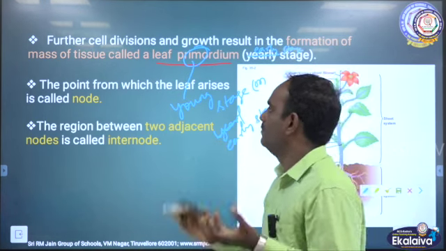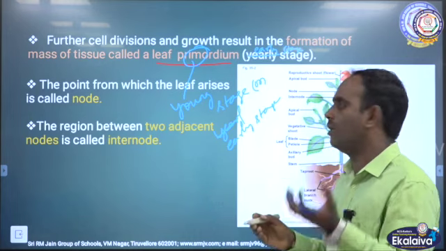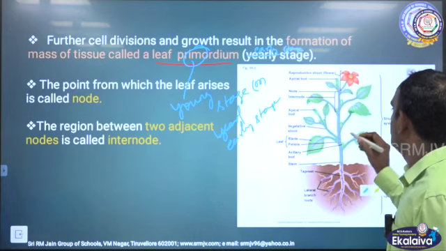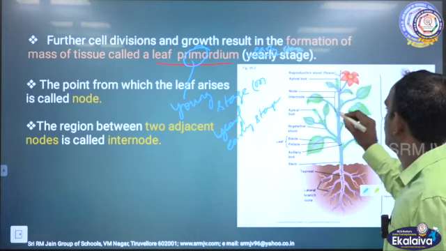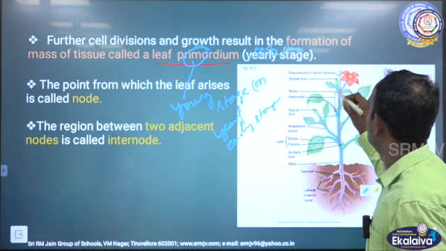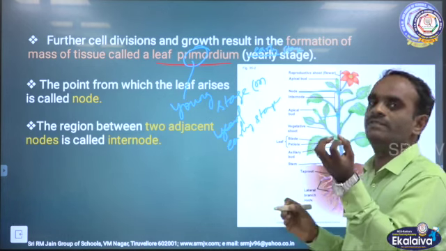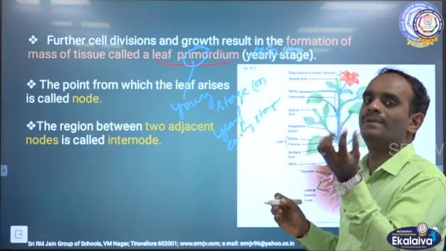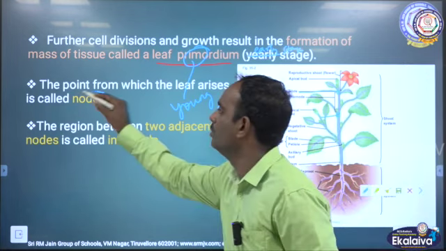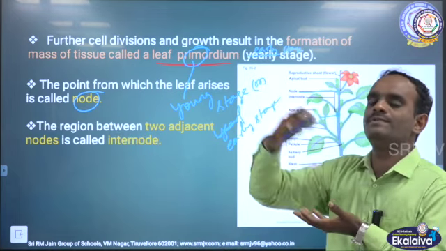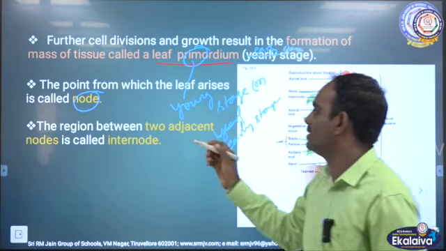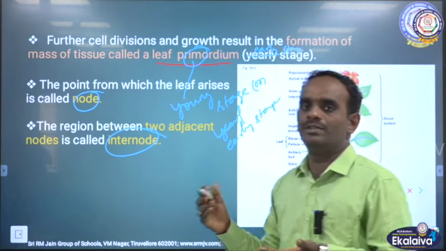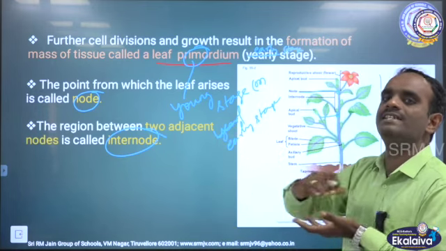The point from which the leaf arises is called node. See the picture here. This is called node. The point at which the leaves arise, the point at which the branch arises, is called node. The gap between two adjacent nodes is said to be internode. The space between the two adjacent nodes.